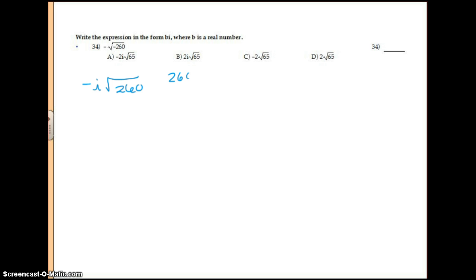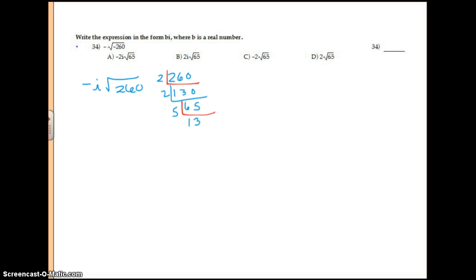I'm just going to do a factor tree, or what I call repeated division. It's really the same thing as a factor tree. I'm just going to divide by prime numbers. I always start with 2. That's 130. Divide by 2 again is 65, sorry, can't divide by 2 there. I can divide by 5, which is 13, and then 5 and 13 are prime numbers. Since 13 is prime, I'm going to stop there.